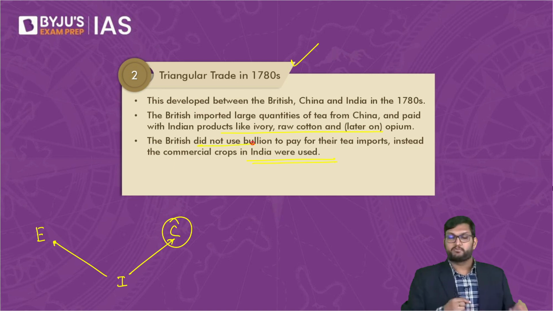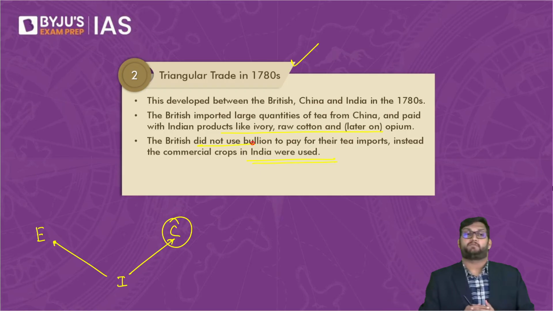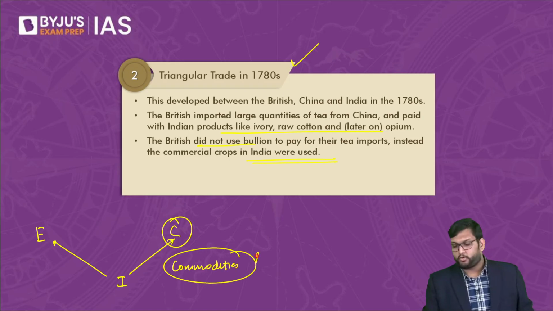They did not use bullion to pay the imports. Instead, commercialized crops were used. Basically, they wanted commodities which could also be sold to China, so that there was no need to bring gold and silver.